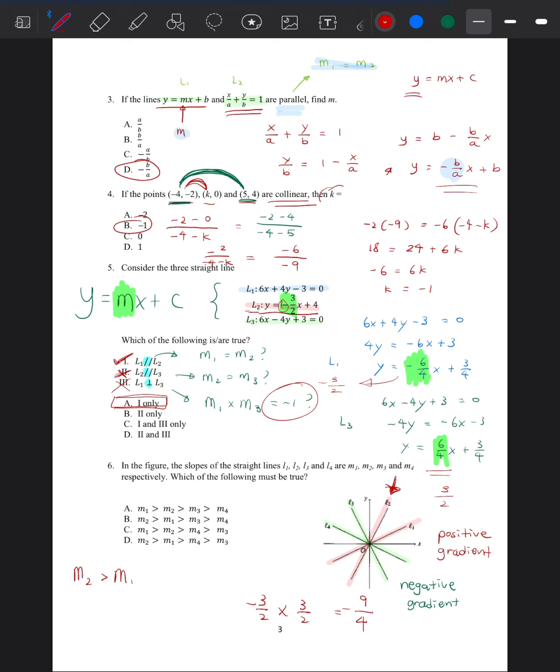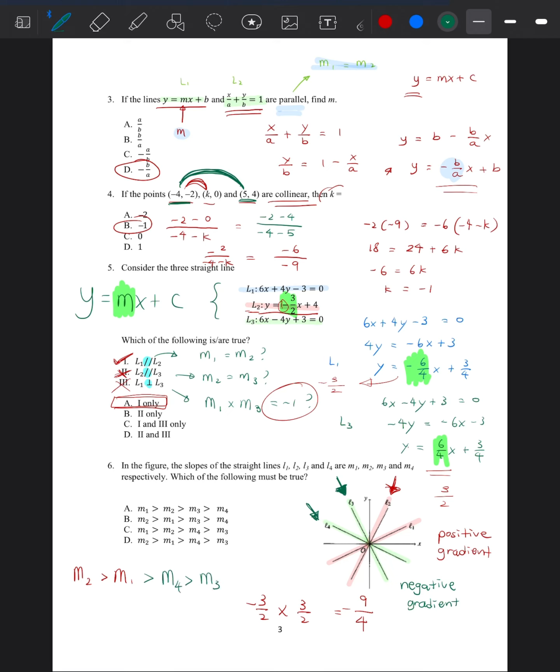But for the negative gradient, the steeper one, in size, because there's a negative sign in front of the number, this L3 here is actually smaller than L4, even though it looks steeper. The value of M3 is smaller than M4.